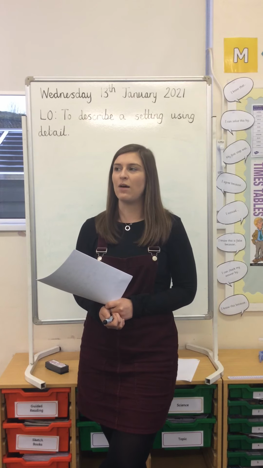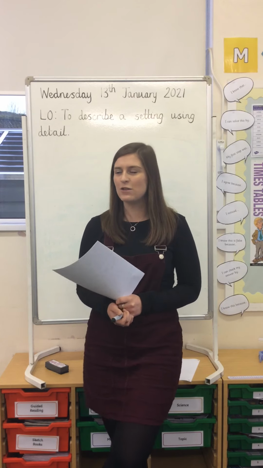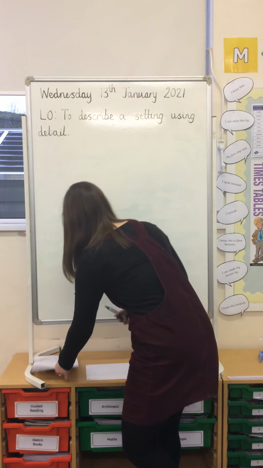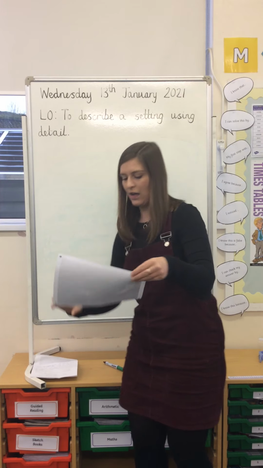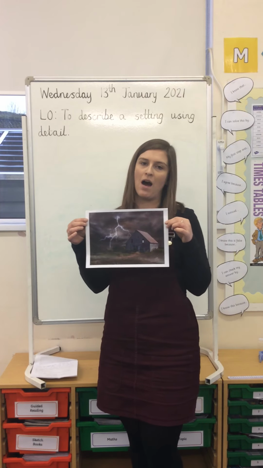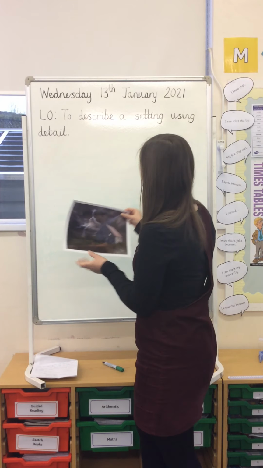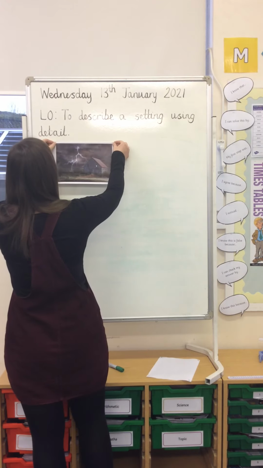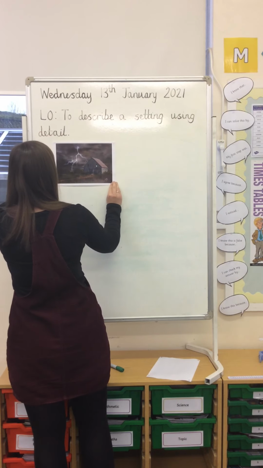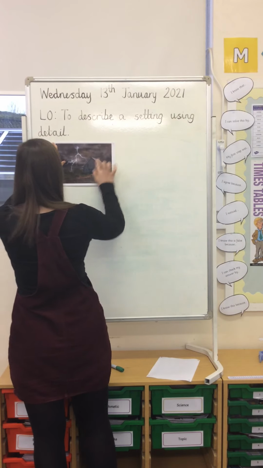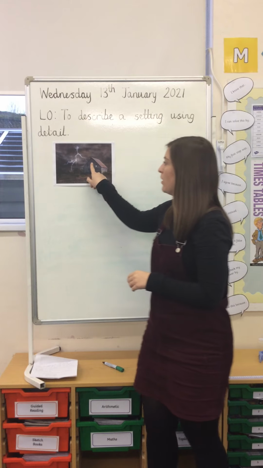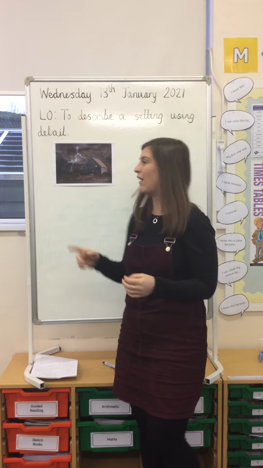But I've decided I want to choose something that is maybe a little bit isolated, a little bit remote, and I've chosen that I would like it to be this barn. I've also chosen what the weather's going to be like outside, so I'm going to put that in front, ready for helping me picture that. So I've chosen a barn. It's remote. The word remote means that there's nothing else surrounding it.